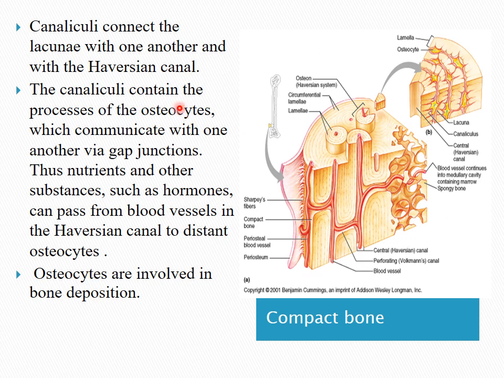These canaliculi connect the lacunae with one another and with the Haversian canal, and the canaliculi contain the processes of the osteocytes which communicate with one another via gap junctions, and thus nutrients and other substances such as hormones can pass from the blood vessels in the Haversian canal to distant osteocytes. These osteocytes are involved in bone deposition.